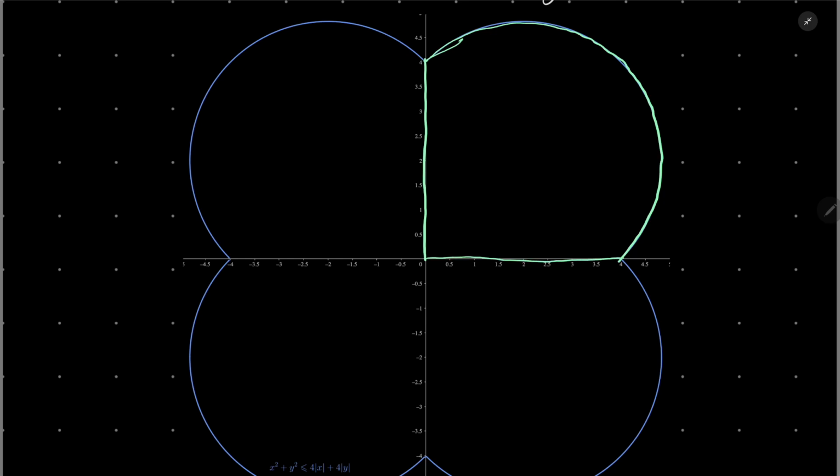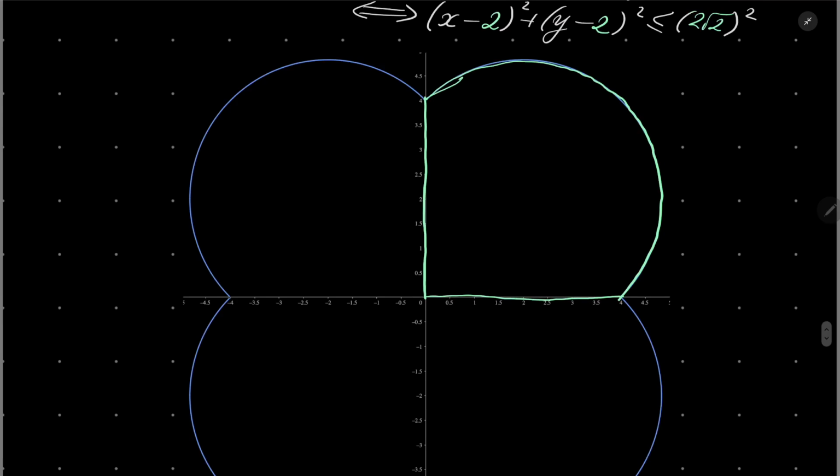It's a circle centered at (2, 2) with radius 2 square root of 2. Now, crucially, I will divide my figure into two pieces: a semicircle with radius 2 square root of 2 and a triangle. So let's mark that here we have area 1, here we have area 2, and let's compute them. What's area 1?